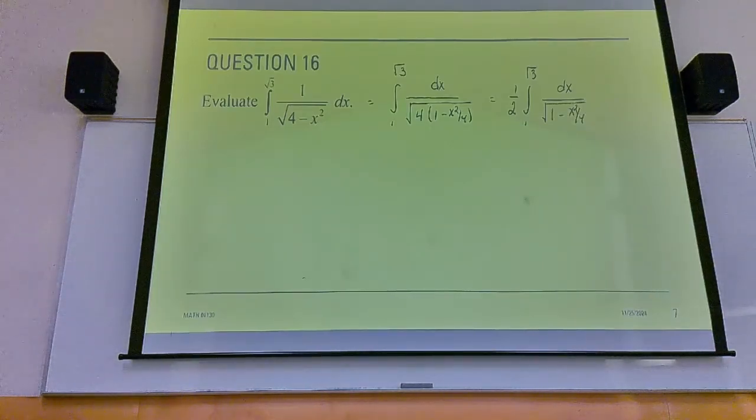Now what do you want to do? Move stuff outside of the integral where we can? Scalar multiple. Okay. And when we move it, that 2 was always in the denominator, because there was a square root of 4 in the denominator.